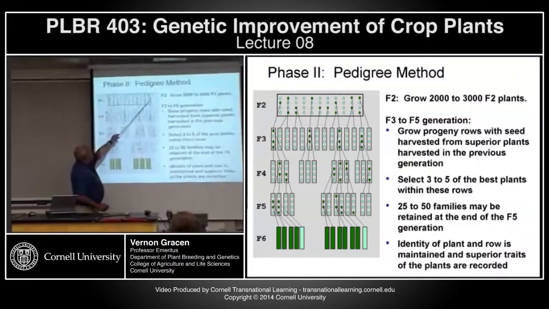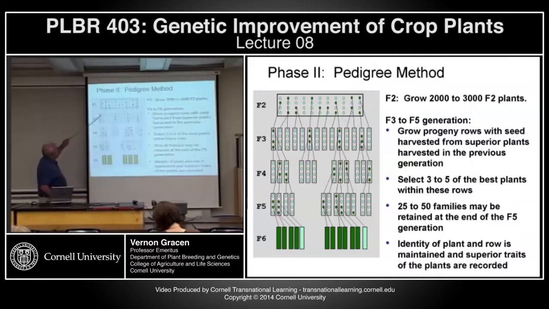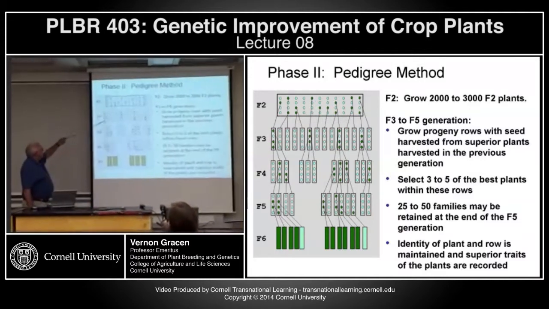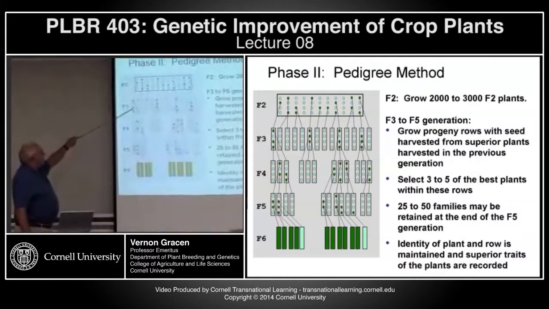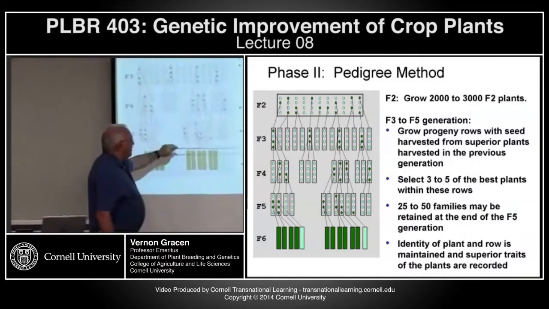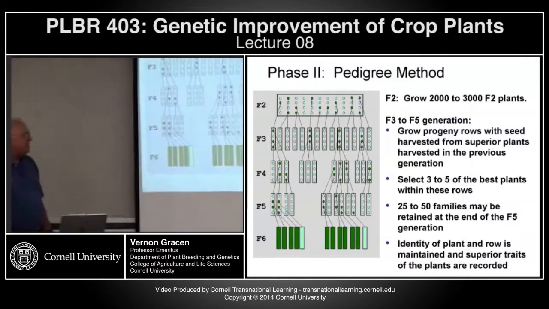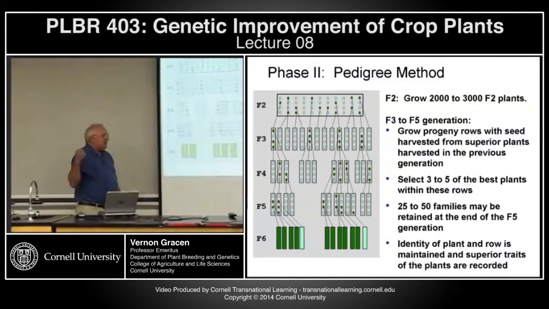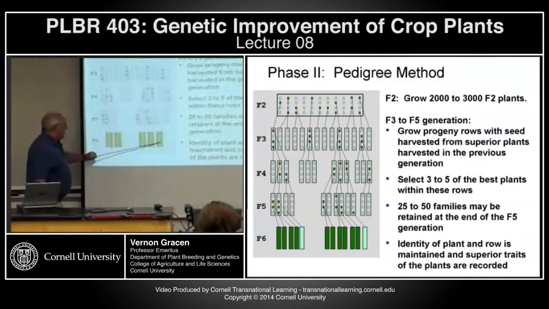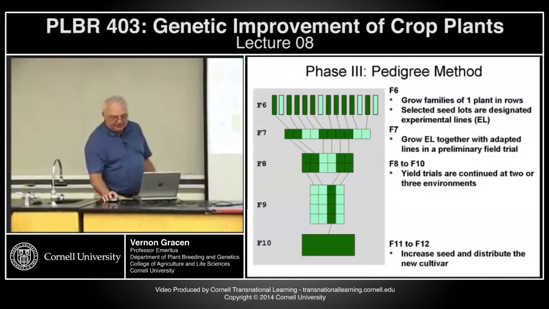We grow 2,000, 3,000 plants out, spaced out so we can walk through and look at each plant individually. Select individual plants that we like, and in the next generation, each row is the progeny from one individual plant. We go through that for 3, 4, 5 generations until finally we select about 25 to 50 families that may be retained and increased into seed increase for replicated yield plots.